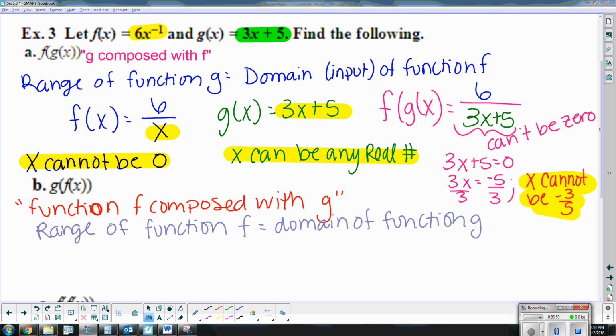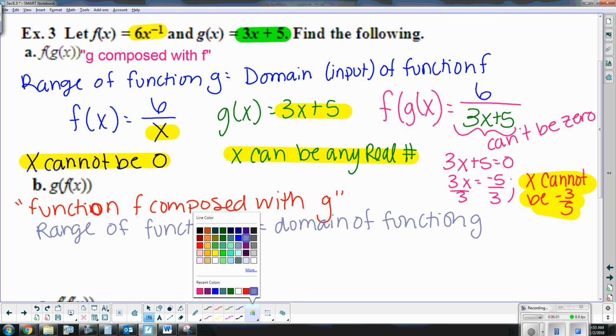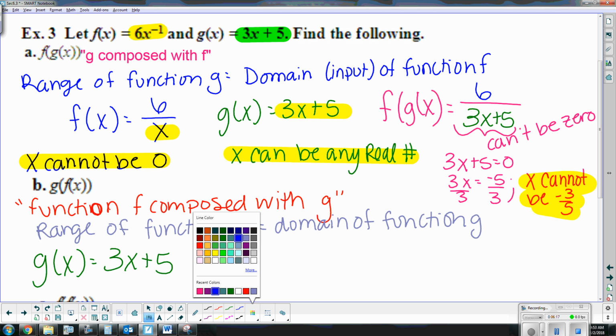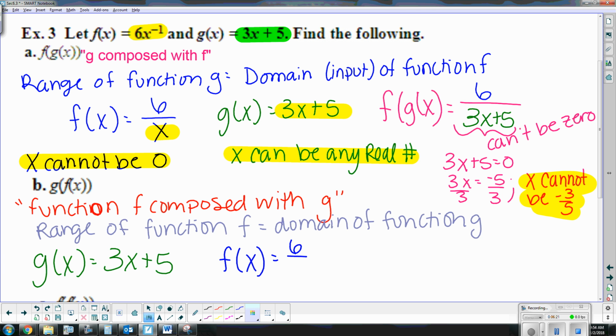So f of x is 6 over x, and g of x is 3x plus 5.